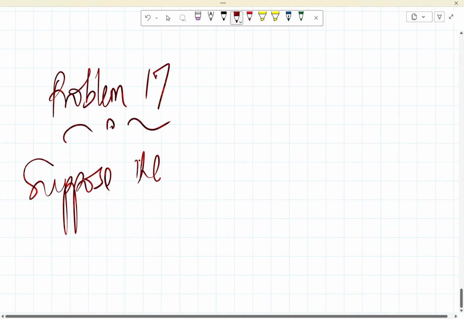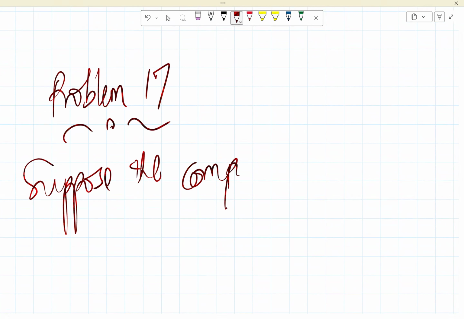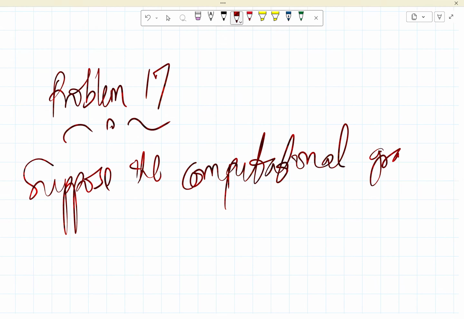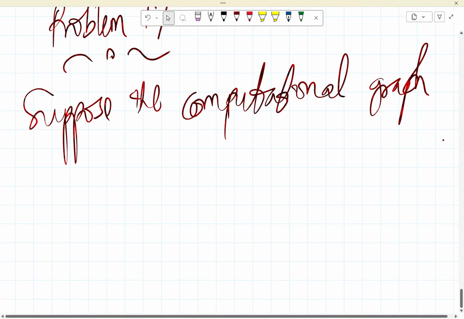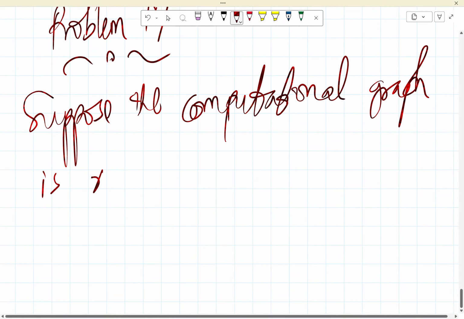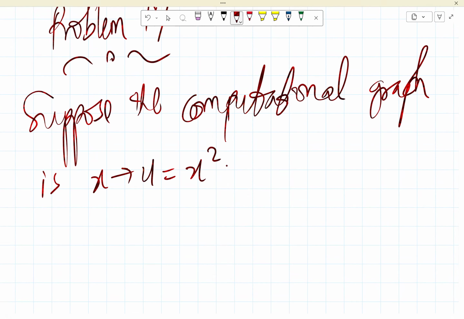Suppose the computational graph is x going to u, which is equal to x squared, and then this going to v, which is equal to cos u, and then we have this going to L, which is equal to v squared.